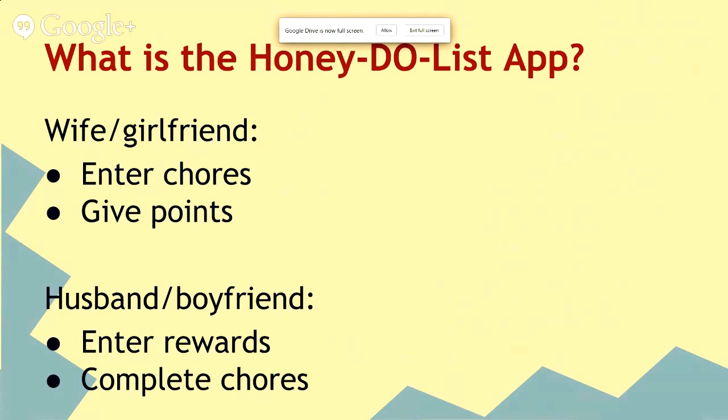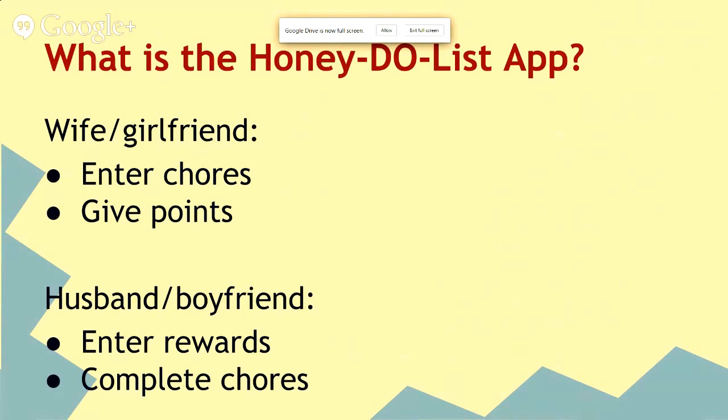The honey-do list typically would be for the wife or girlfriend or just a significant other, male or female. In my case, it would be me, and then my husband would be the person that would use the app after I did.